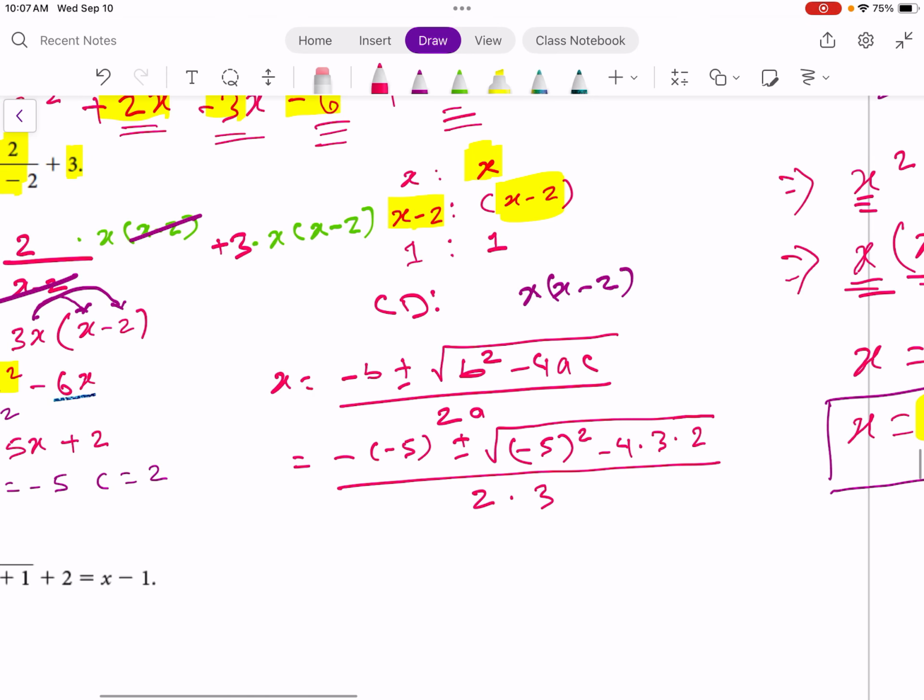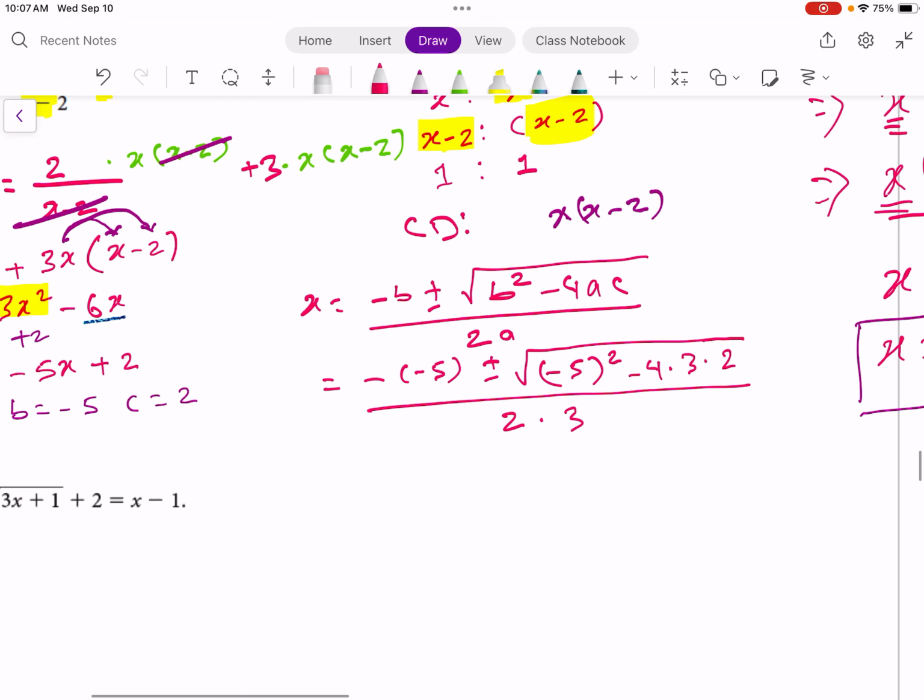Now let's simplify. Negative times negative 5 is positive 5, plus or minus negative 5 squared. What is that? Positive 25. You have to square the negative and you have to square 5. So we have positive 25, then negative 4 times 3 times 2, that is negative 24, divided by 6.